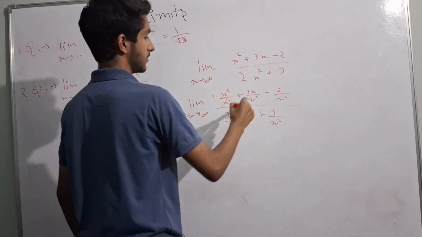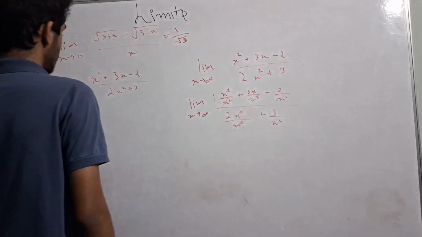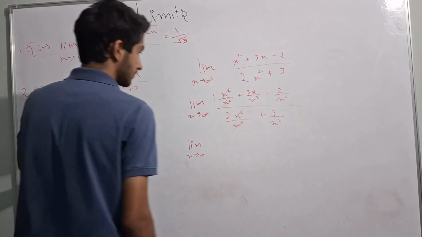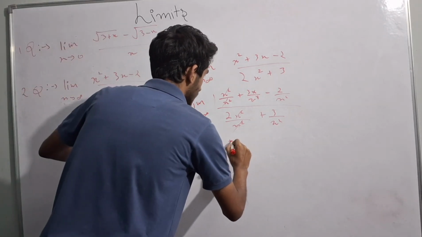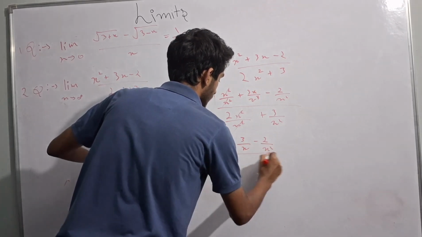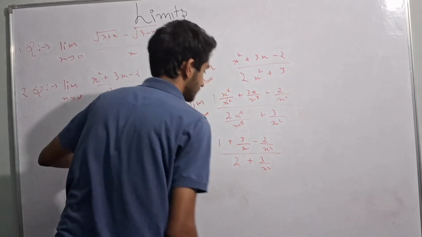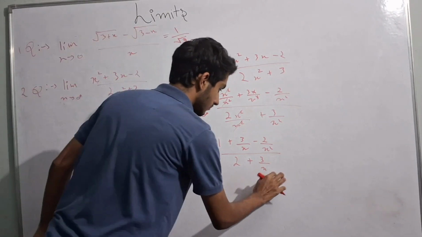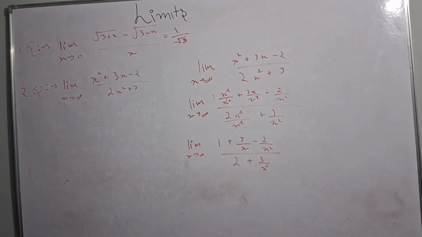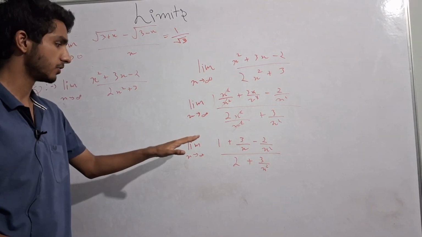This cancels, it becomes 1, and yeah. So I'll get limit x tends to infinity, (1 plus 3 by x minus 2 by x square) upon (2 plus 3 by x square). So I think you now know what to do. Just simply put x is equal to infinity.